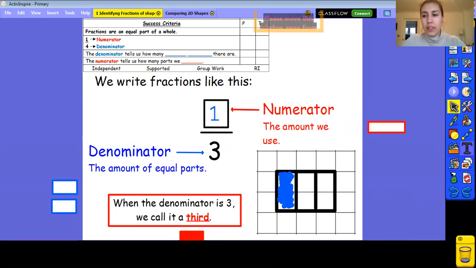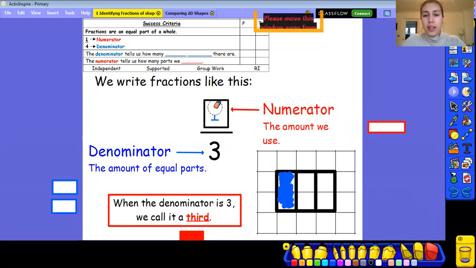Now, if I change my numerator, instead of it being 1, I then had 2, how would my shape need to change? What would I need to do to show 2/3 instead of 1/3? Well done.